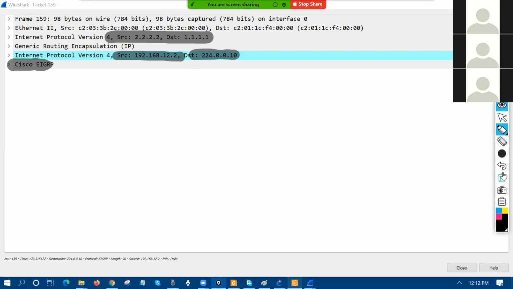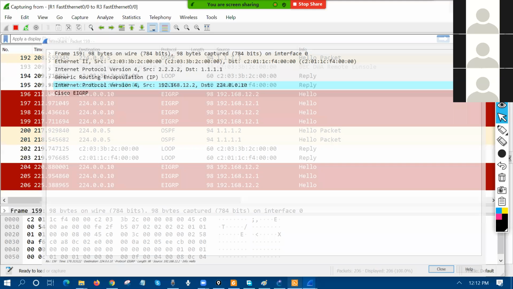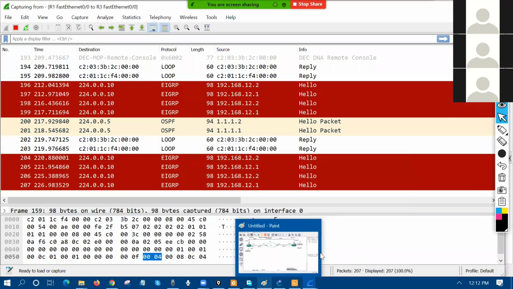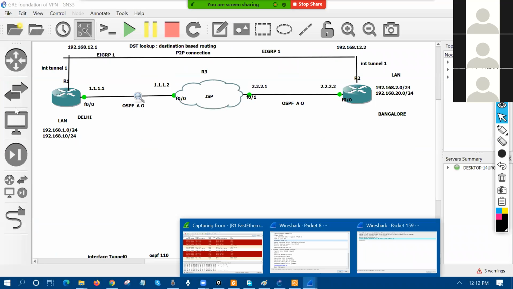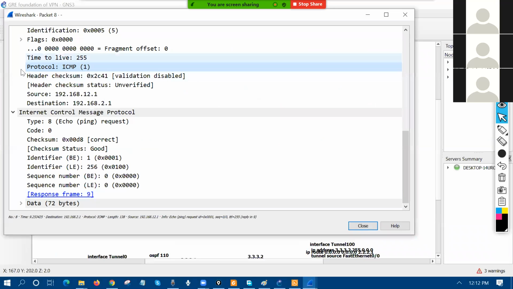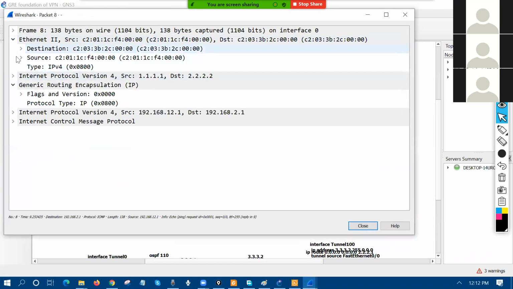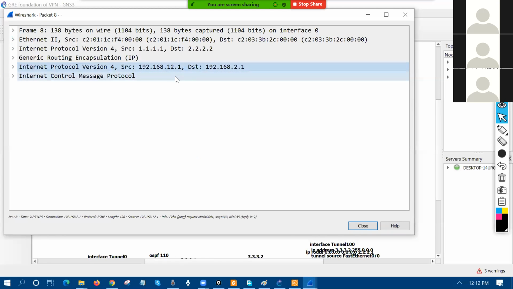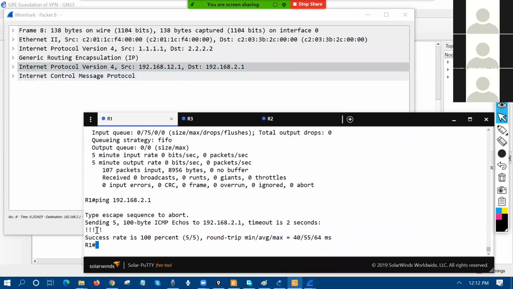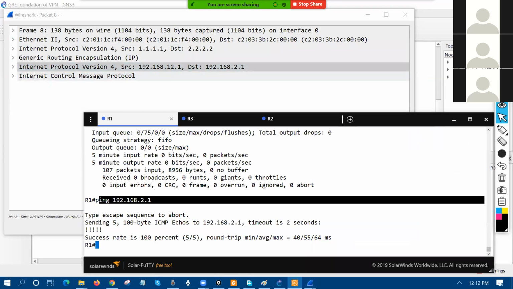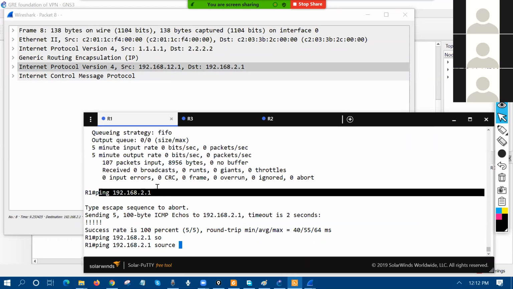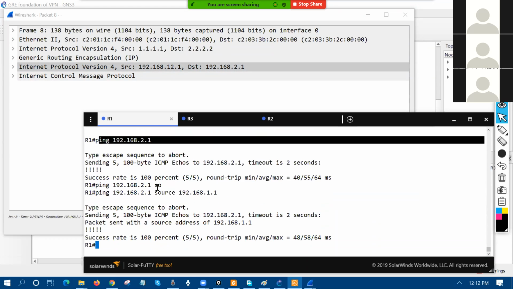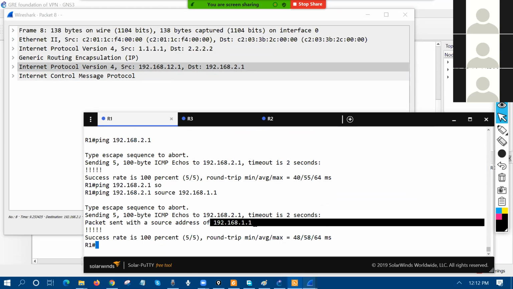So in this case, if you see right now, the source is what? 12.1, right? Because I didn't define any source over there. That's why, if you define the source, in this case, what happened? The source will be changed now. It's 101, my public.